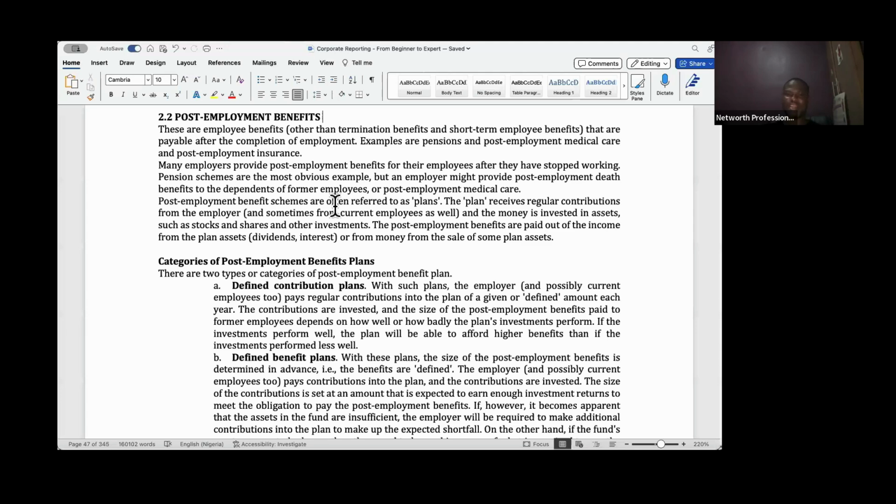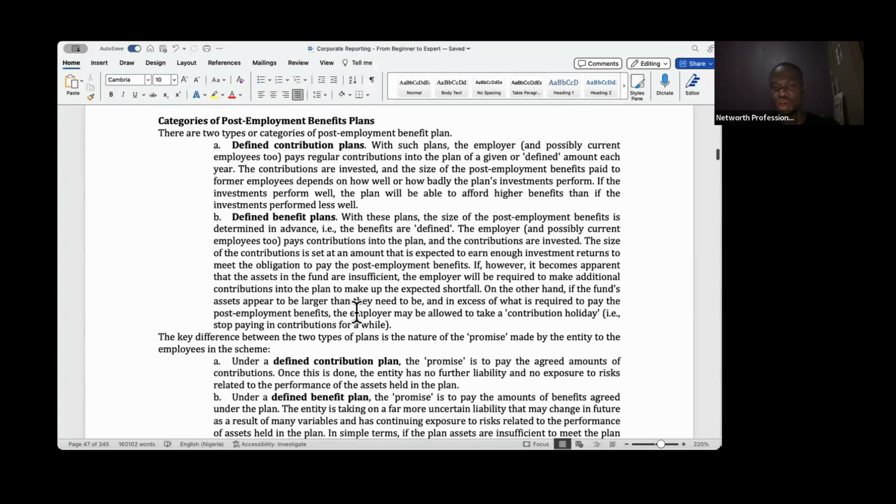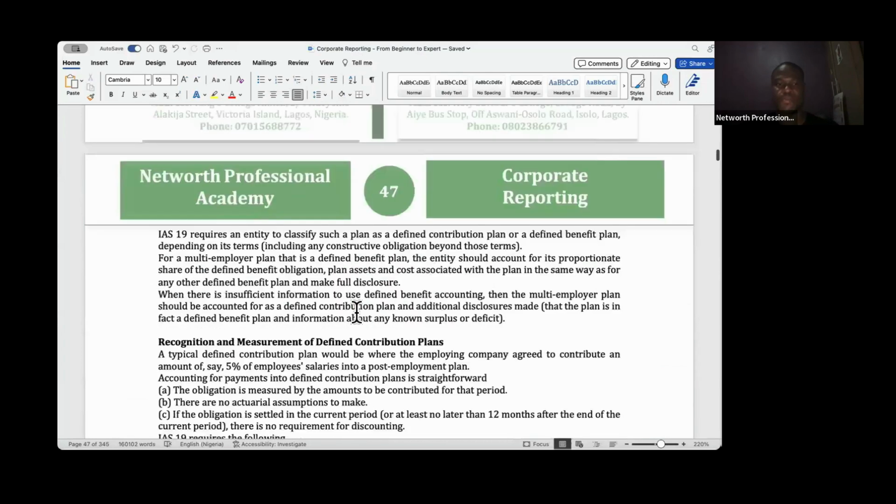So whenever an entity has a defined benefit plan, you'll find that they will usually engage the services of an actuary, a trained professional, to help you determine values like this. So the actuary would give you a certain number of figures that you would eventually need to incorporate into your books. And I can remember we discussed those items last week.